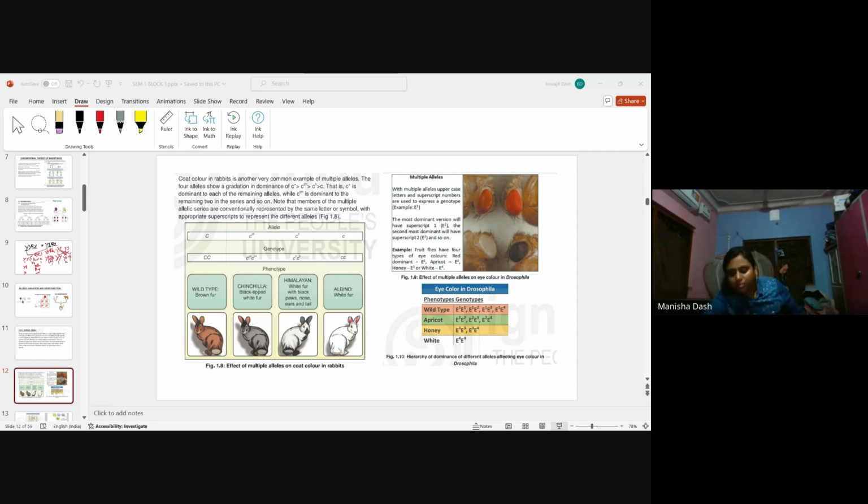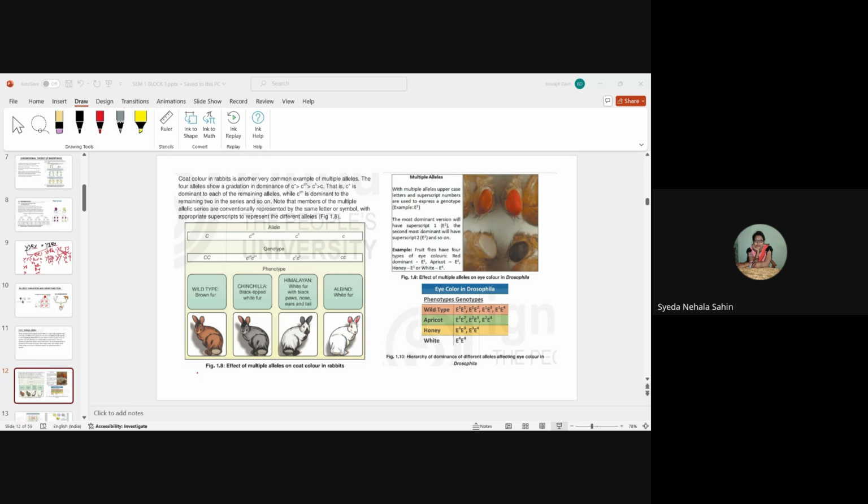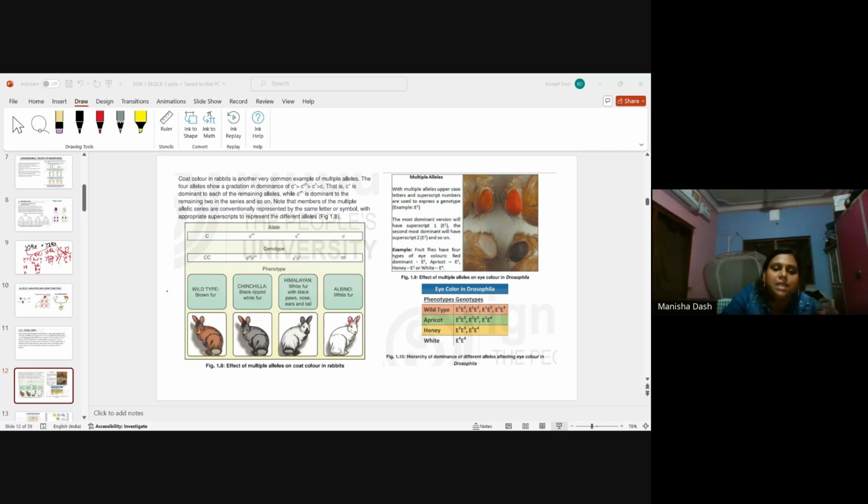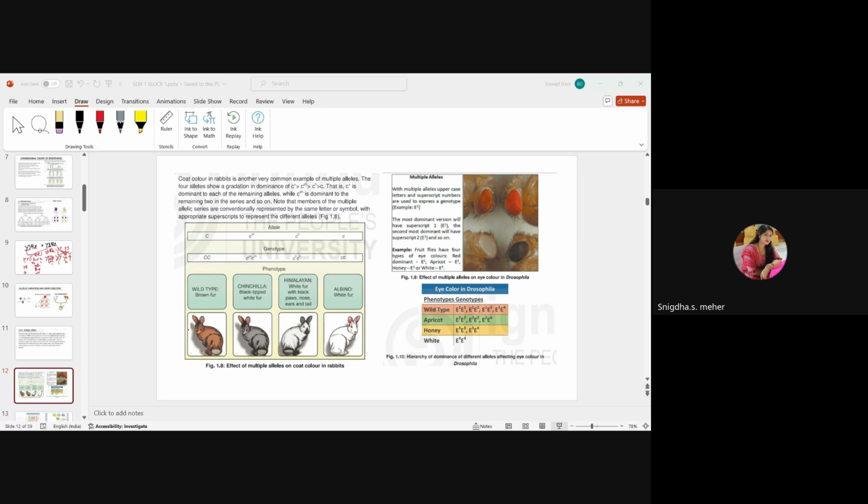If you want to know the molecular reason behind this blood group, in the case of blood type A, the RBC has antigen A, and in the plasma we have anti-B antibody. Similarly, for blood group type B, we have the antigen B on the RBC, and in the plasma we have anti-A antibody.